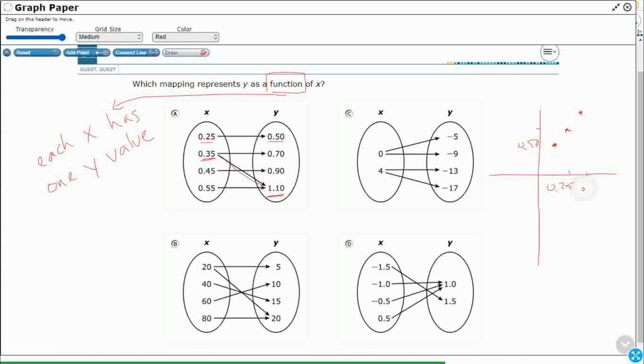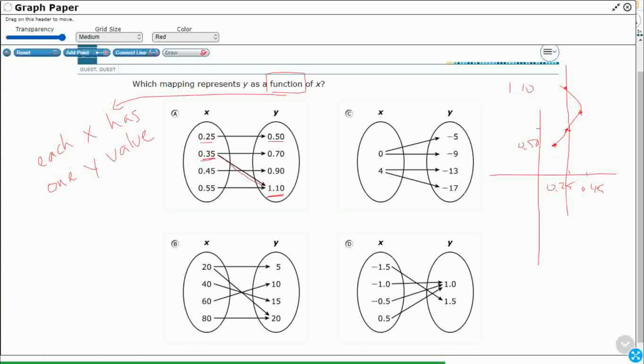So I'm going to have to go back to this 0.35. That's the 45, right? 35 right here. It's going to go all the way up here, and it's going to go up to like this 110. And see, that is not a function, because if I were to connect the line right here and draw a straight line, it would actually touch the graph twice.